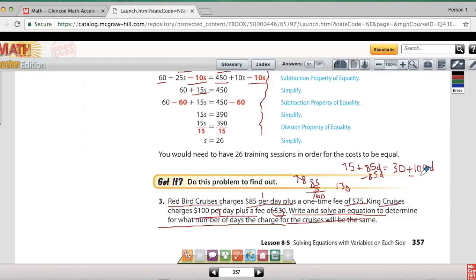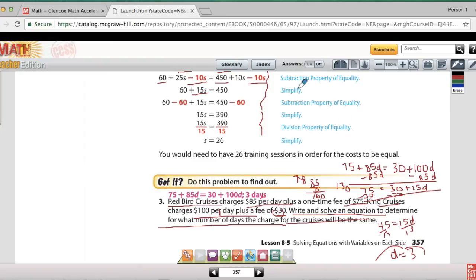You could minus 100d from both sides, but I'm going to minus 85d, so I have a positive number. 75 equals 30 plus 15d, minus 30, minus 30, and we get 45 equals 15d. Divide by 15, divide by 15, d is equal to 3. So after 3 days, it's the same price.